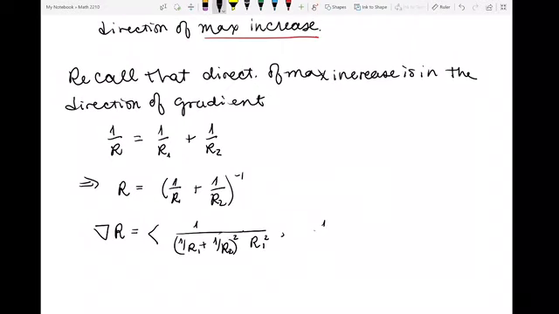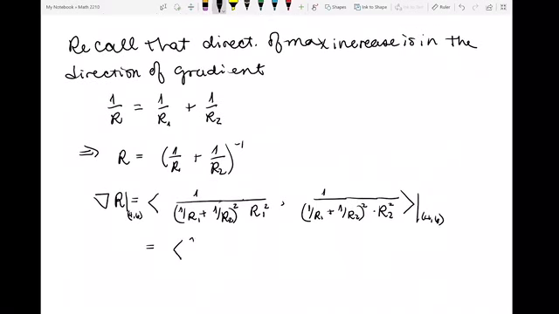And then 1 over the quantity 1 over R1 plus 1 over R2, squared, times 1 over R2 squared. And I want to evaluate this at the point 4, 6. And when you do that, you get 9 over 25, 4 over 25. I'm confident that you can plug in a 4 for R1 and a 6 for R2 and shove that into a calculator or do it by hand or whatever you prefer.